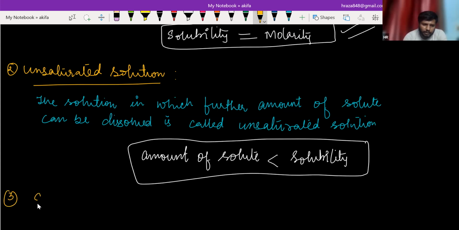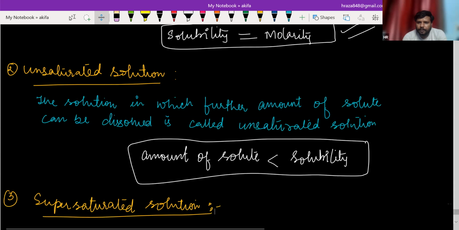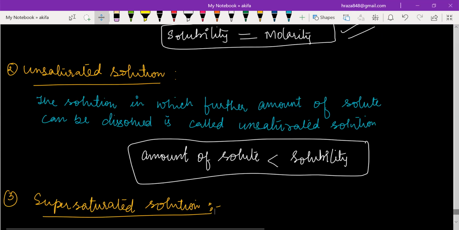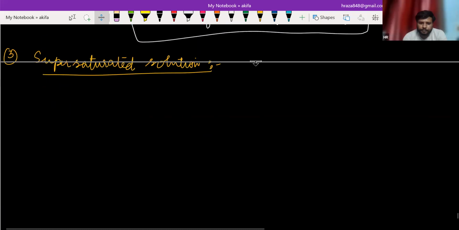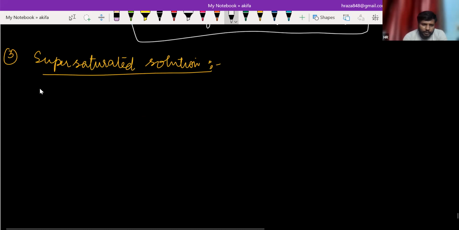And the third one is supersaturated solution.